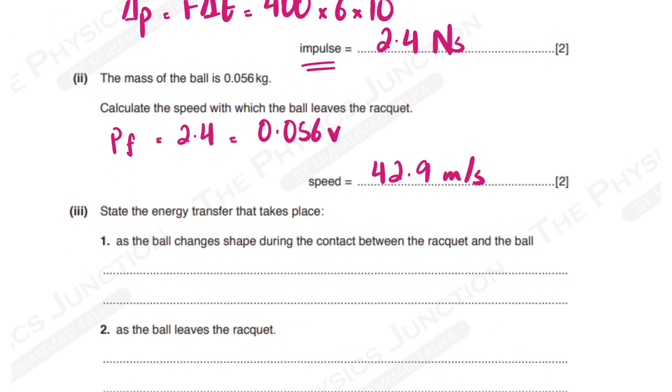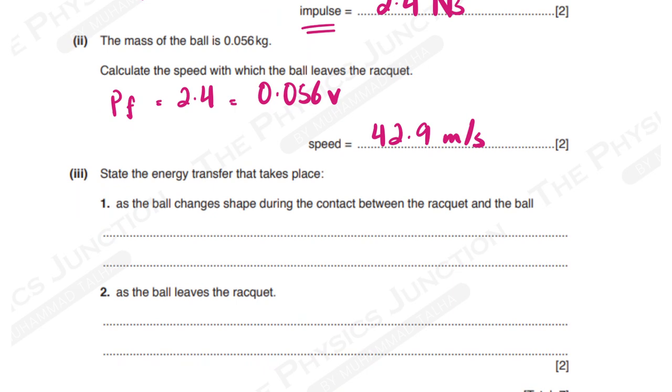State the energy transfer that takes place as the ball changes shape during the contact between the racket and the ball. In that case, the moving racket, which would basically have kinetic energy, changes the shape of the ball. Hence, I would say that the kinetic energy of the racket is transferred to the elastic potential energy of the ball, right?